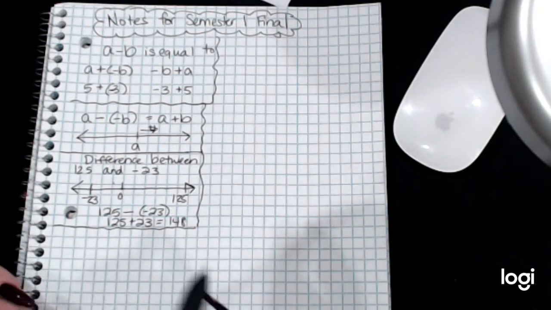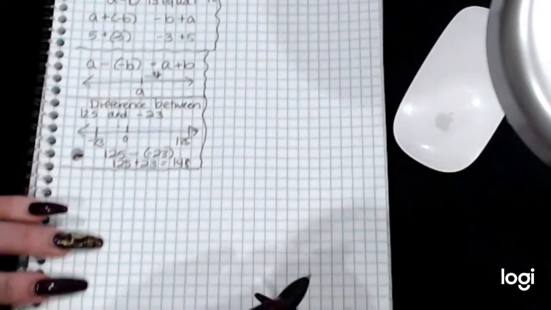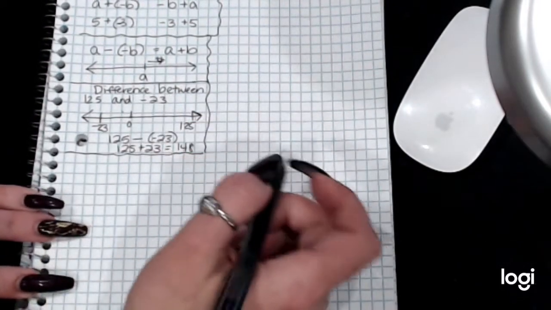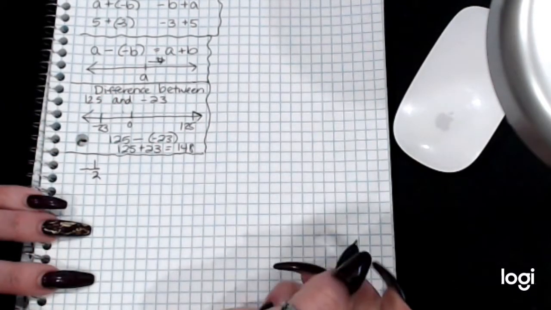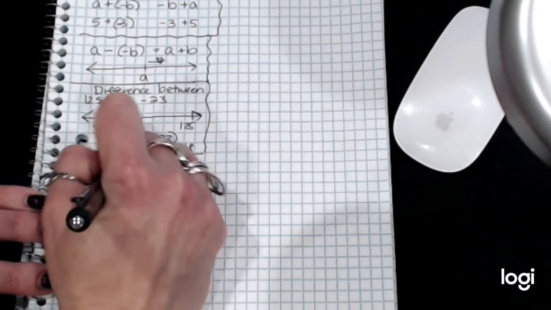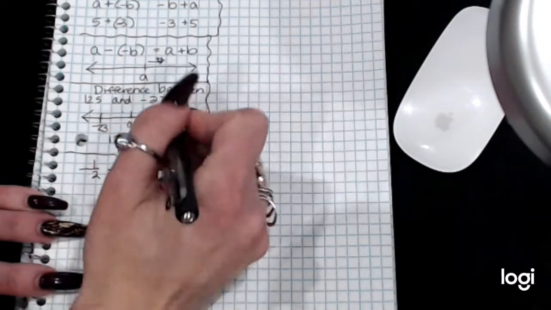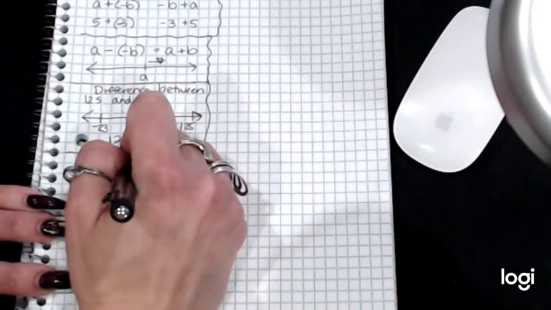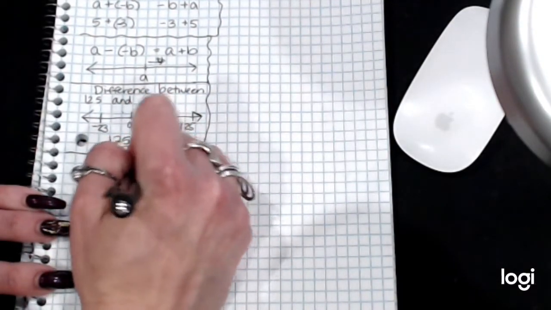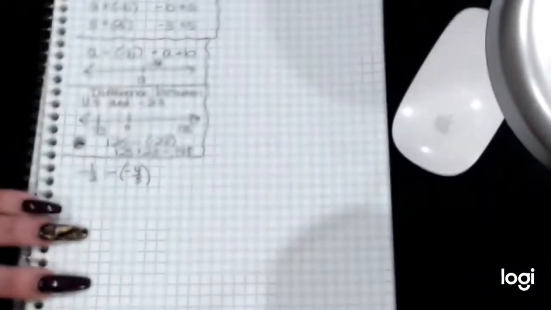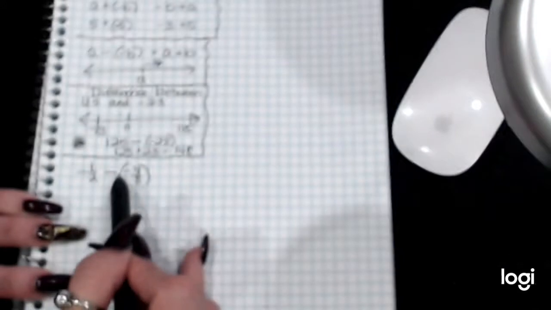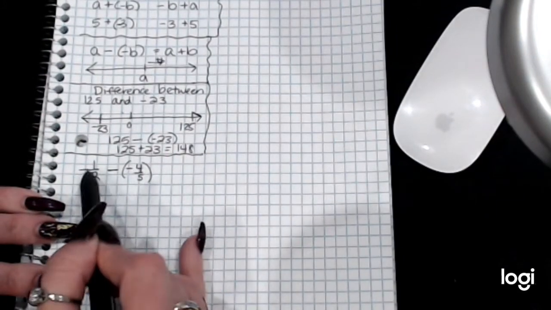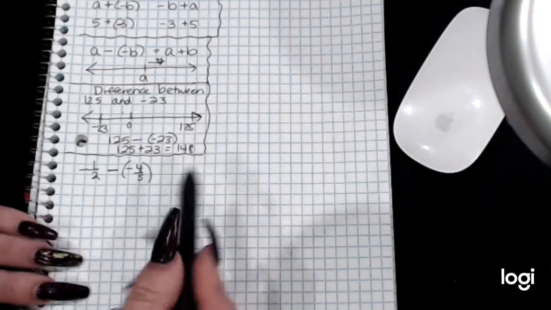Now let's look at this if they were fractions. So if we have fractions, let's look at the difference between negative 1/2, the difference, subtraction, negative 1/2, and negative 4/5. Again, we should understand that this actually means we're going to add these values.